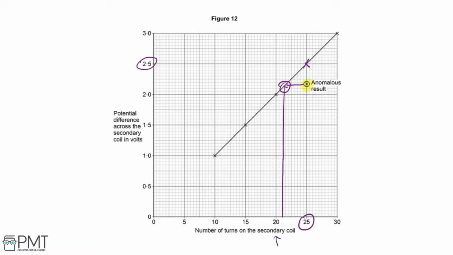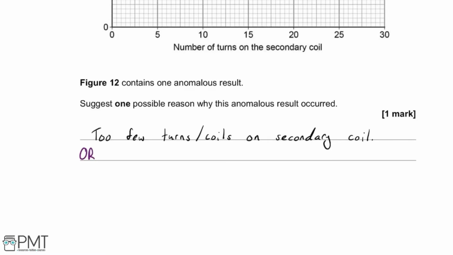So one of the possibilities is that there were actually not 25 turns on the secondary coil, there were less than that. And so that's the first possibility for an answer. However, there is another possibility. Instead, we could say that there is a reduced potential difference across the primary coil.